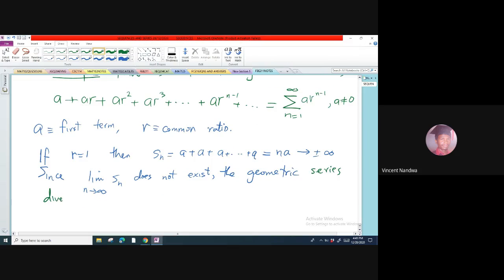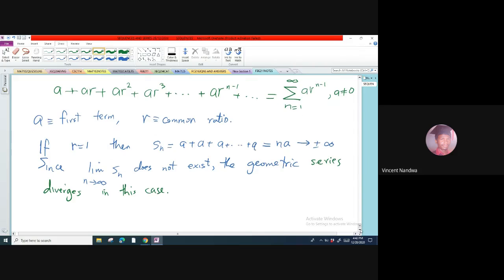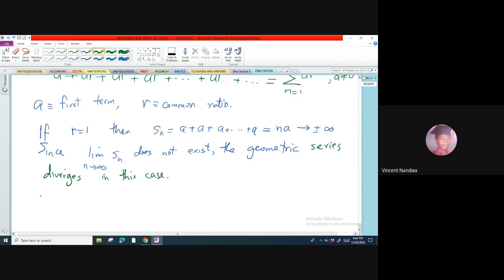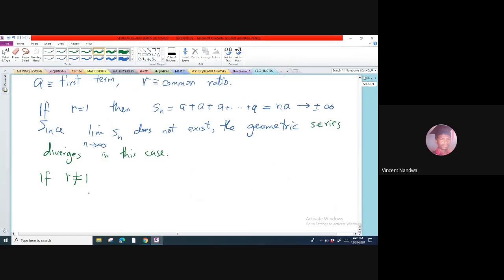The geometric series diverges in this case. So let's consider another case for R. Let's consider if R is not 1.